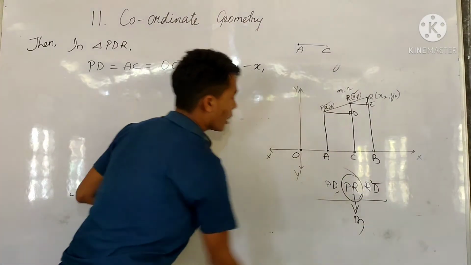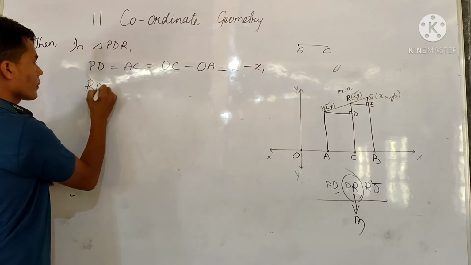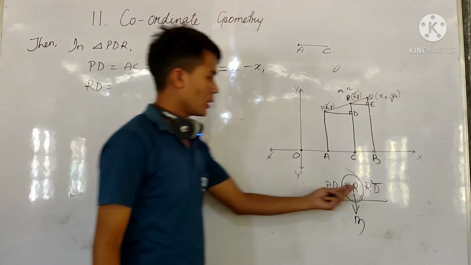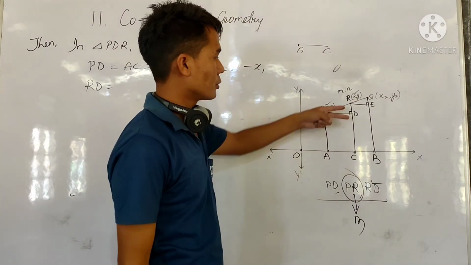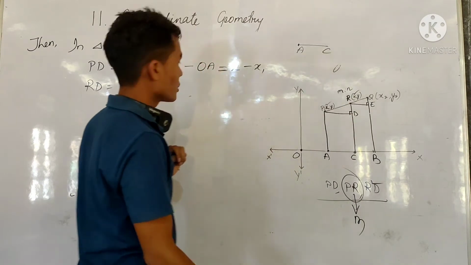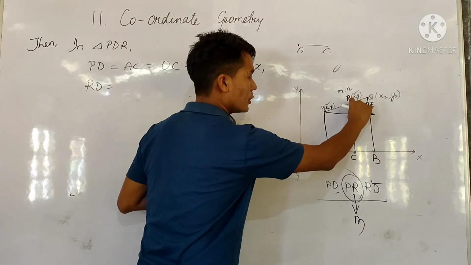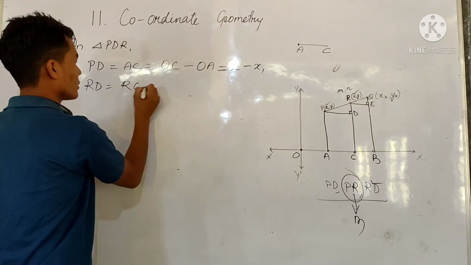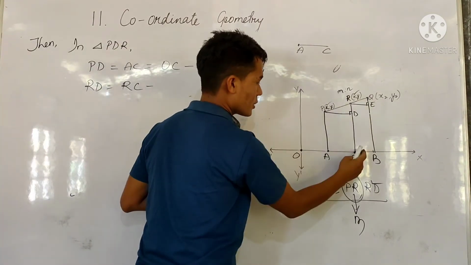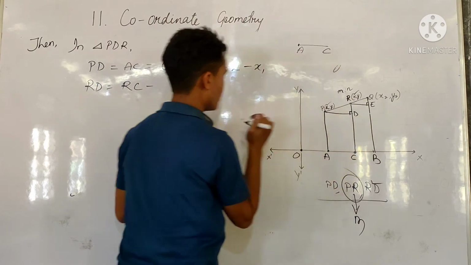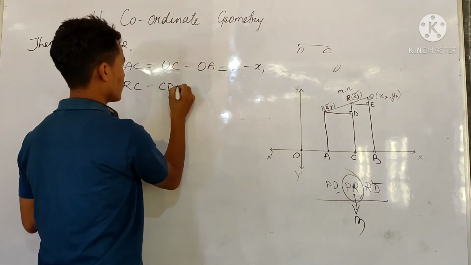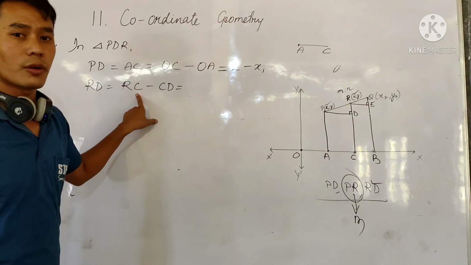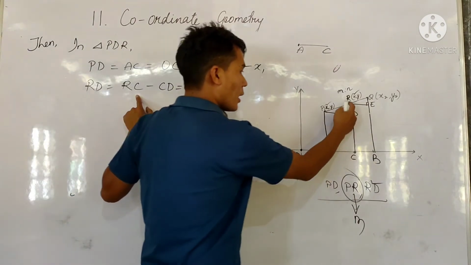Similarly, now RD. In place of RD, we can write RC minus CD. What is the coordinate of RC?